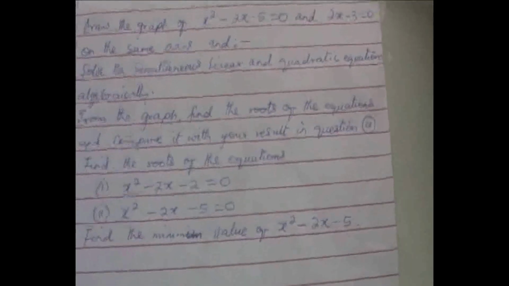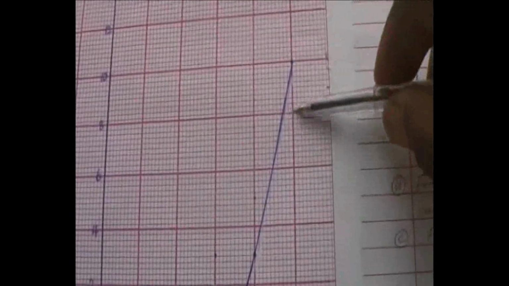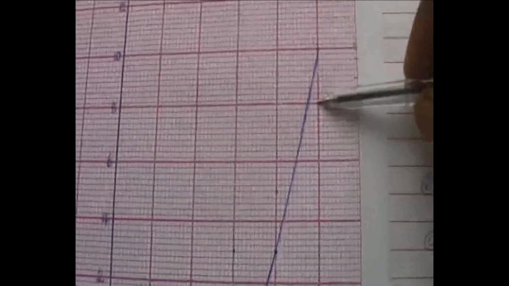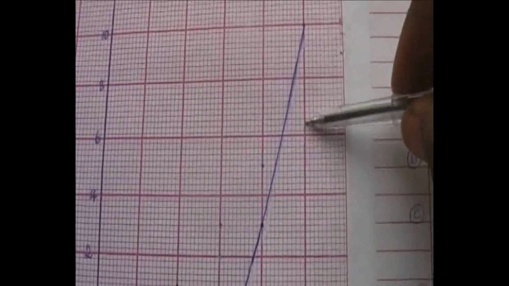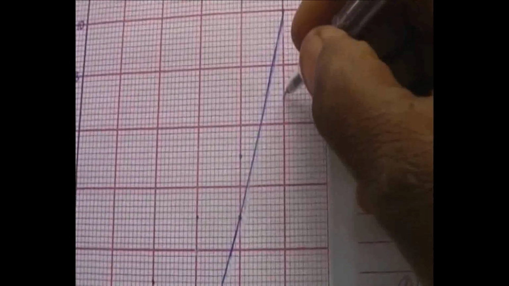The last, when x is 5, y is 7. 7 is in between 6 and 8. So we're going to have 1, 2, 3, 4, 5. So we're going to plot this place.